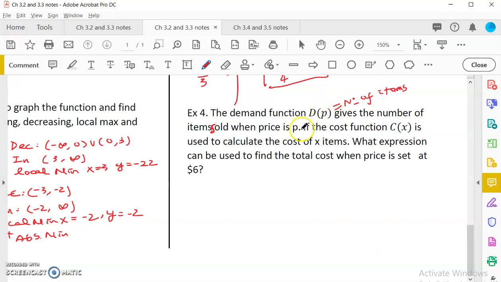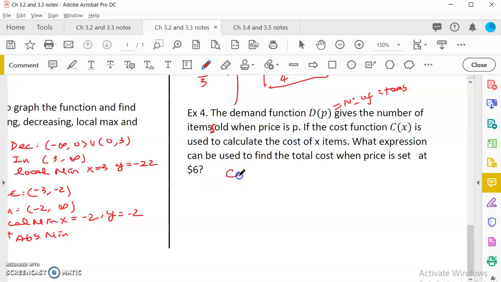P is the price. But then C of X is used to calculate the cost of X items. So if you want to sell that many, you have to produce them, right? What's the cost of producing them? It would be C of X, but X is D of P. So basically you would put the D of P inside, right? So what can be used to find the total cost when the price is set at 6?